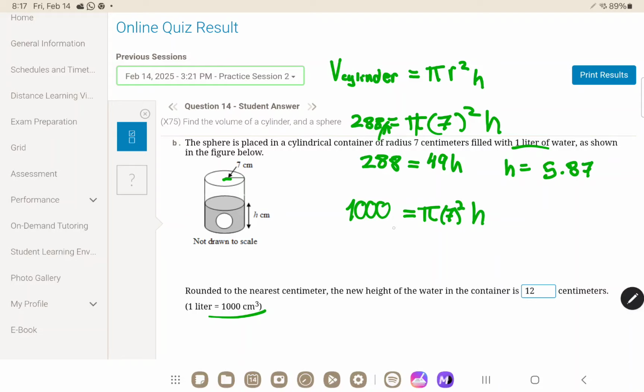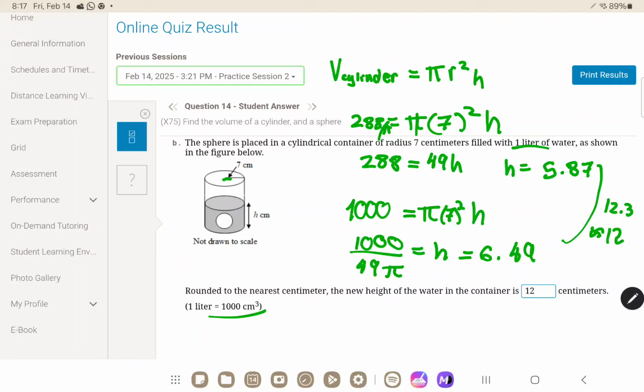So it's 1,000 divided by 49 pi equals height. And height is going to equal, in our second case, 6.49. Now, once you add these two heights together, you're going to get your new or final height. 5.87 plus 6.49 is going to equal 12.3, which you're going to round to approximately 12, because they wanted it to the nearest centimeter. And that's it for this question.